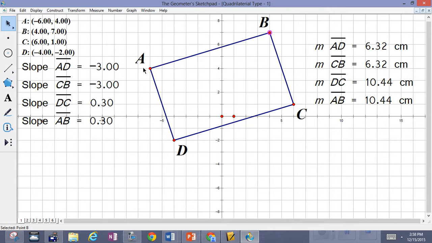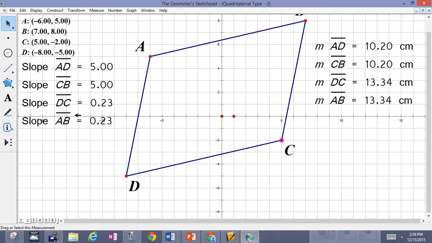Well, you would only know if two sets of slopes were equal, because then two sides are parallel, and another two sets of sides have slopes that are negative reciprocals of each other. Then in that case we would have a right angle here, okay? Also, you would measure the lengths and see if you have two sets of equal lengths, okay?